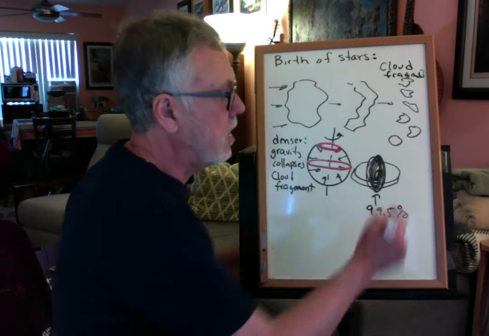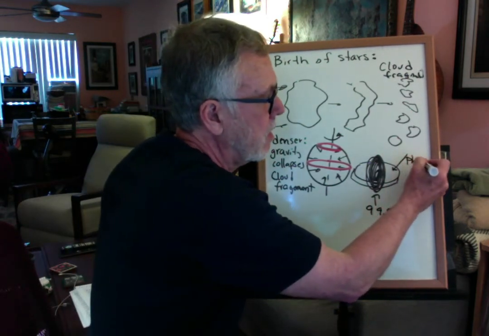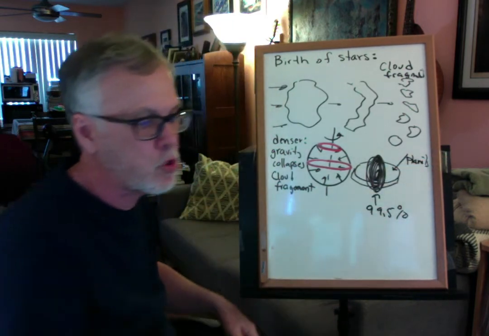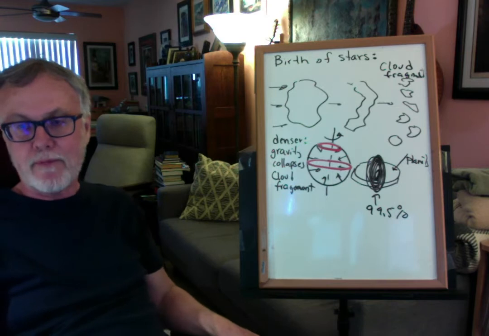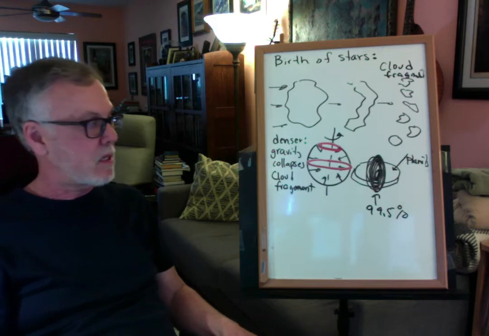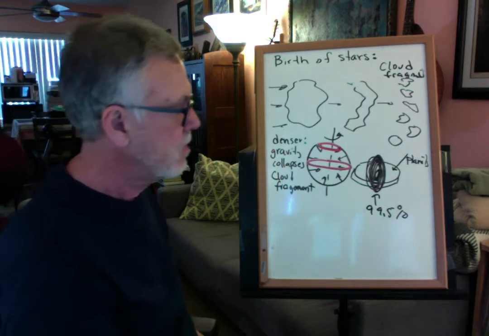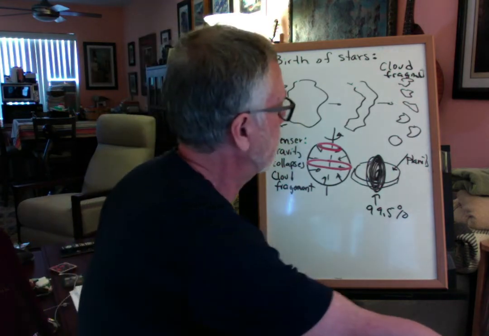Now it's in the disk region that we might get the planets forming. So planets, moons, asteroids, comets, all of those only make up about 0.5% of all the material that originally made that cloud fragment. And so what we find then is, let me go ahead and erase this.